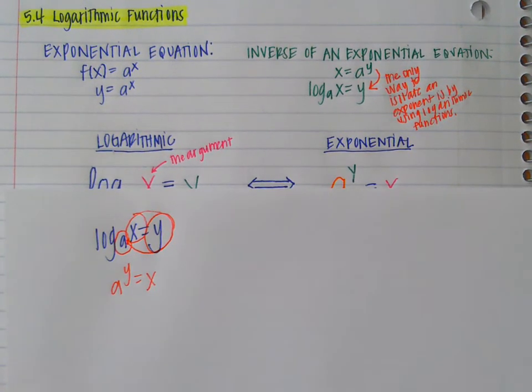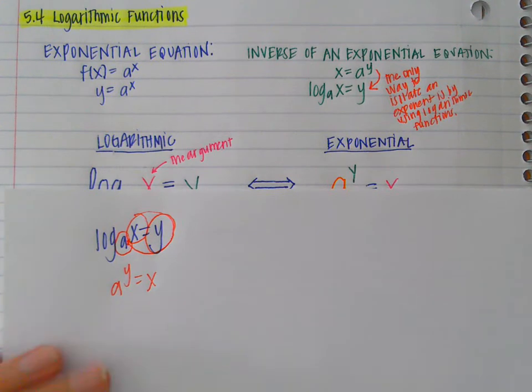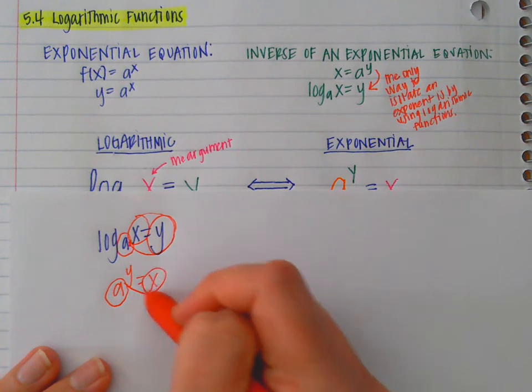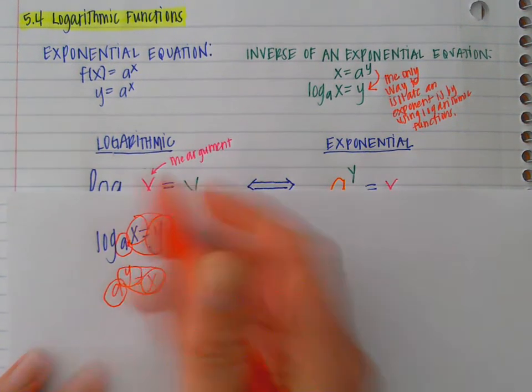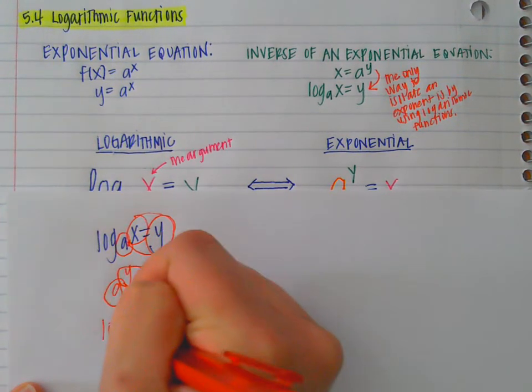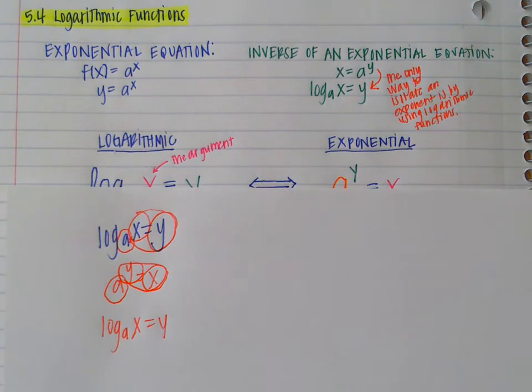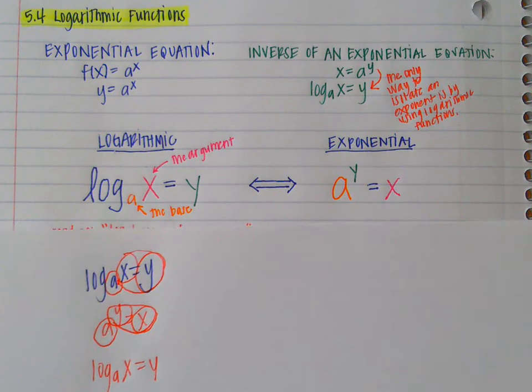And now to go back to a log, it's literally the same loop-de-loop. It would be log base A of x equals y. So there's the loop-de-loop. I don't think about it like that, but you can.